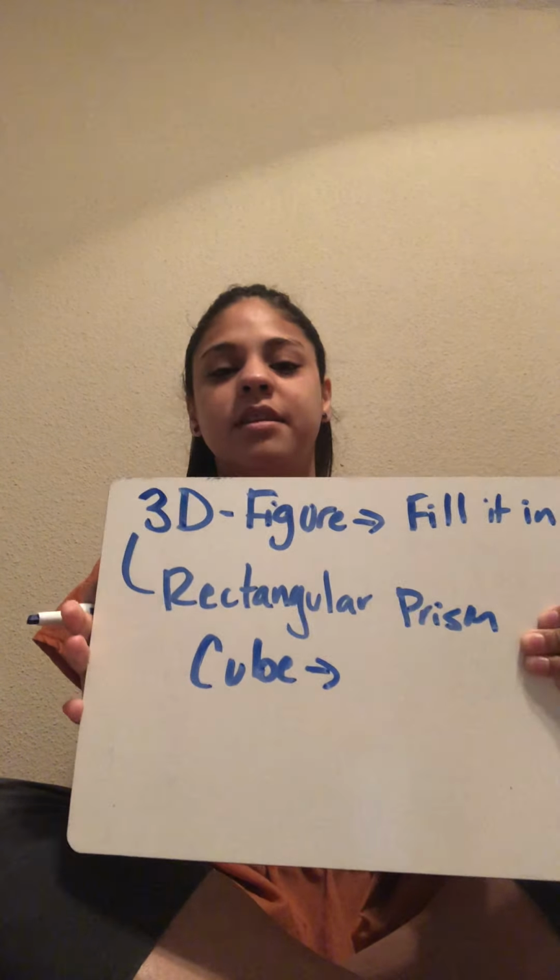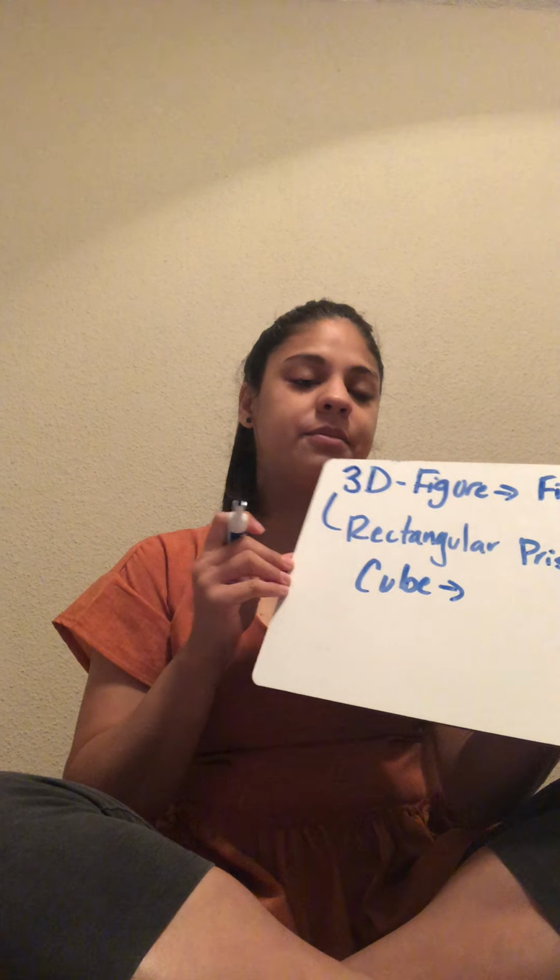All right. 3D figures include like a rectangular prism, a cube, and the cube is my favorite. And capacity. Okay.